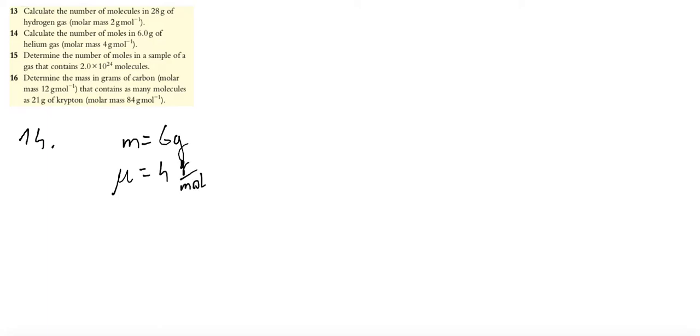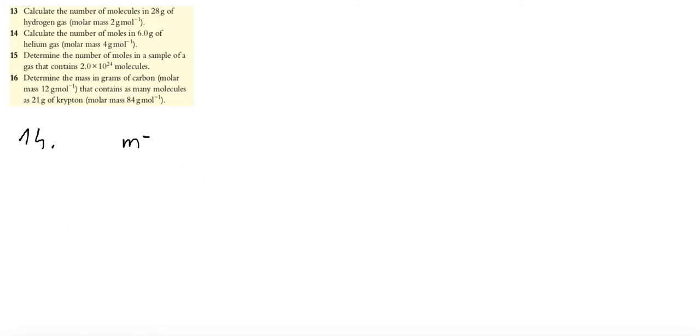What does it mean? It means that 1 mole has a mass of 4 grams, and how many moles has a mass of 6 grams? Of course, the answer is 1.5, and this is the final answer for exercise number 14. 1.5 moles has a mass of 6 grams.